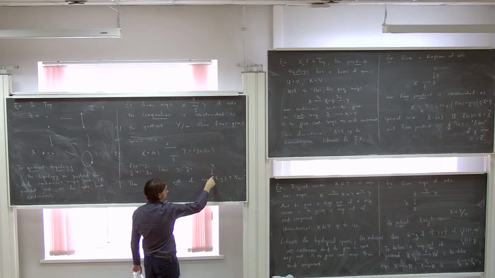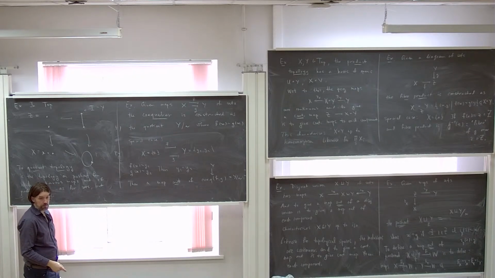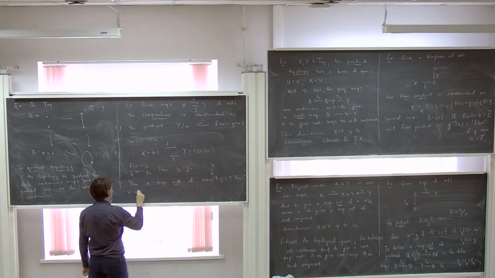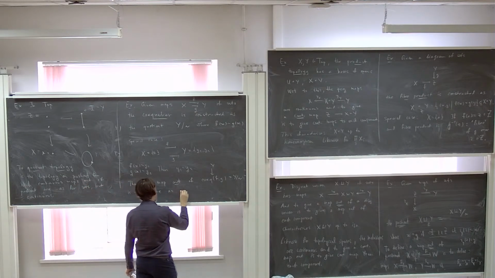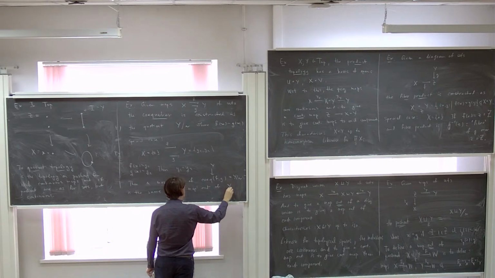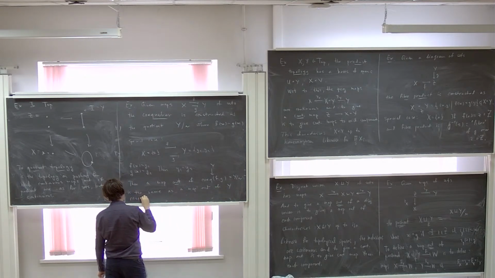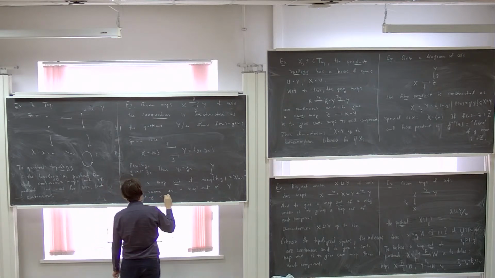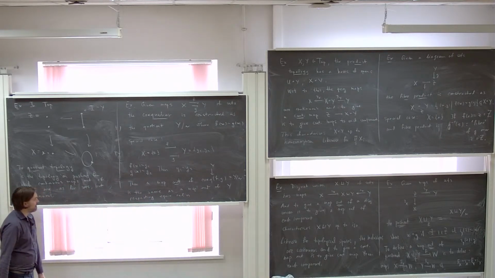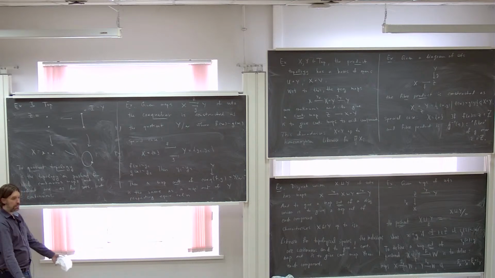Okay, so then a map out of this co-equalizer. Note that by construction, the co-equalizer was given as a quotient by an equivalence relation, so it has a map from y. So a map out of here is the same as a map out of y that respects the equivalence relation. And another way to say that is it's a map out of y so that when I precompose with the two maps f and g, they become the same.